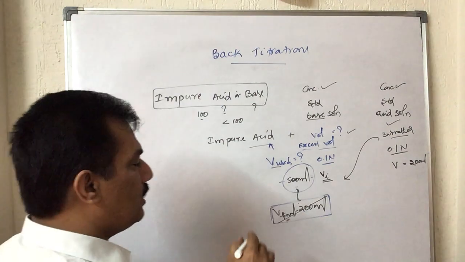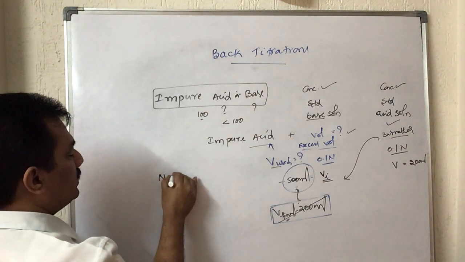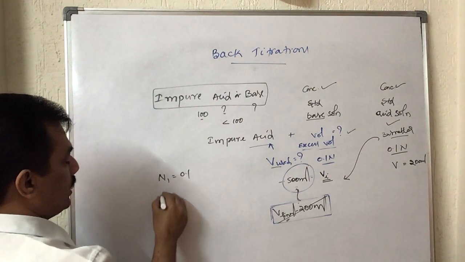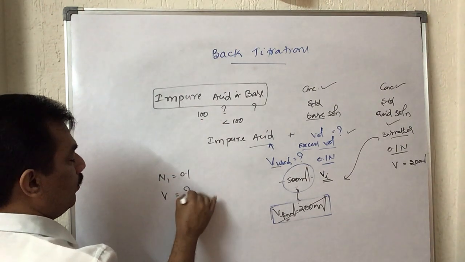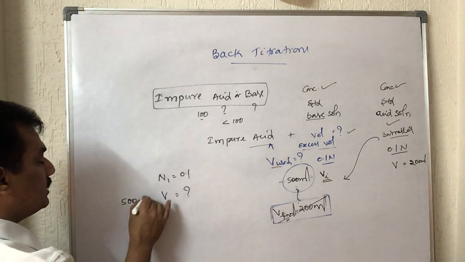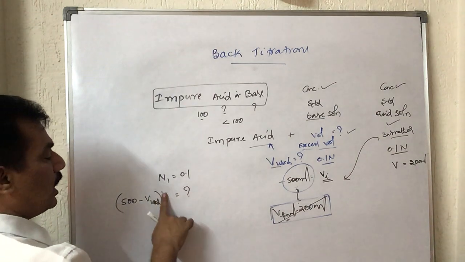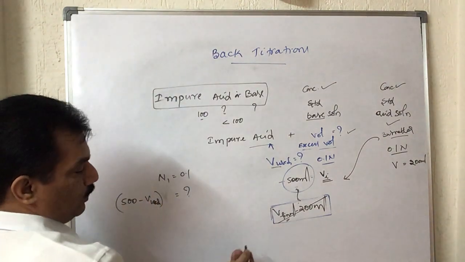Then for this base solution N1 is 0.1 and V we don't know, this V is nothing but 500 minus V used, because some part is used already, that is how much we don't know.